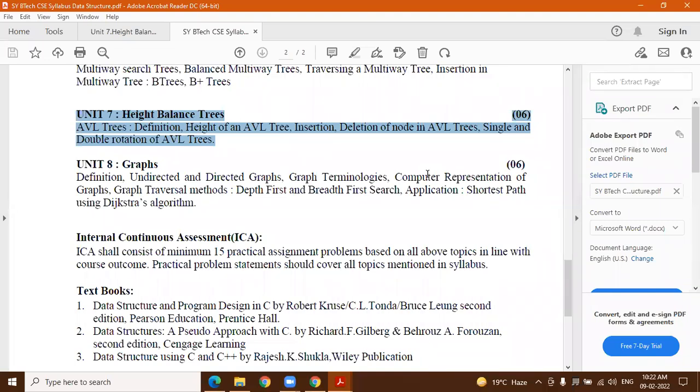Insertion, deletion, and searching, and if required, sorting. But in the tree, by default, we are following the sorting, so there is no need to apply sorting techniques. So here: insertion, deletion, and searching. For every data structure we are following these operations.